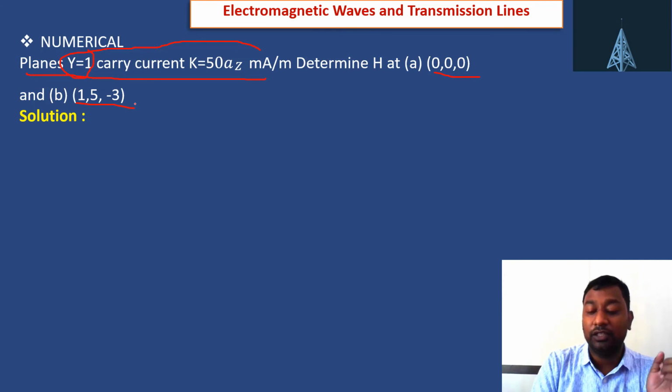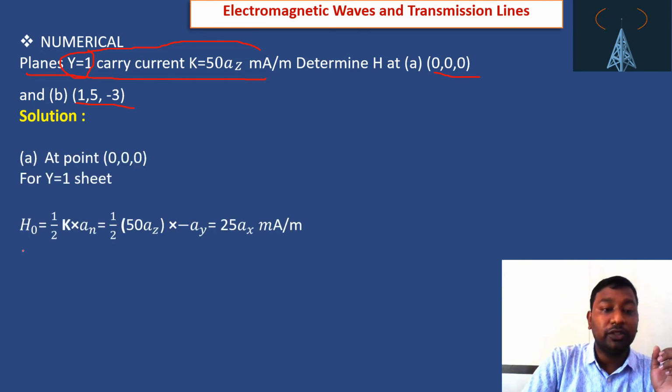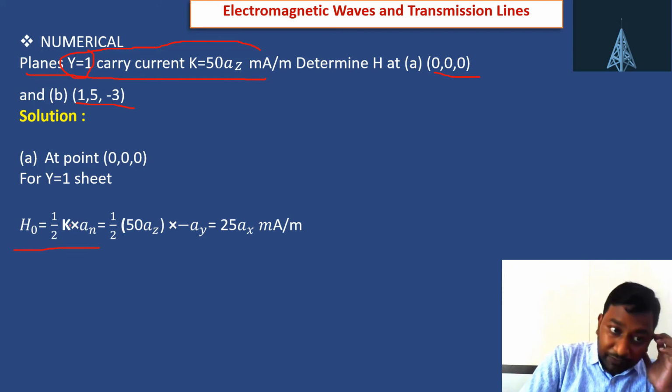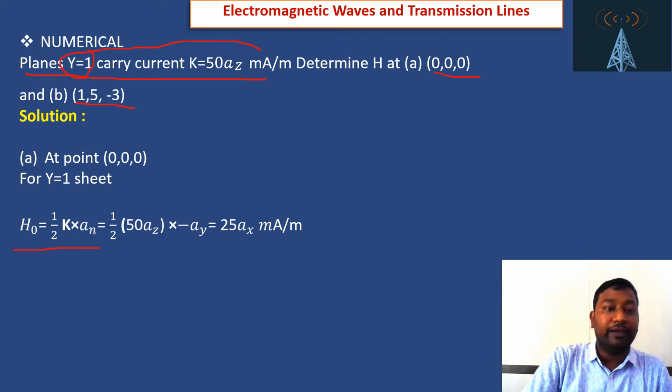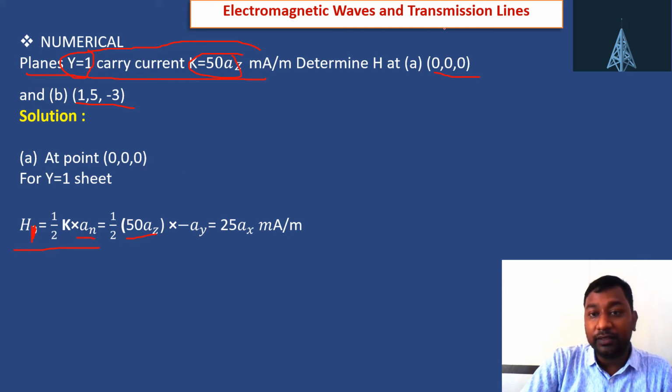So at point 0, 0, 0, for the y equal to 1 sheet, we know the formula is half k into an. Okay, so this one will become h1, due to the y equal to 1 sheet. So now k value is given, that is 50 az. So we are writing k equal to 50 az. Now an is there. So what is the n vector? Earlier we have seen z, because the sheet was given as z.